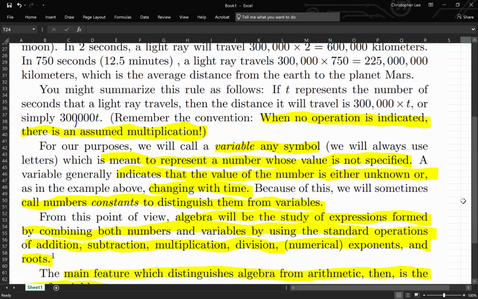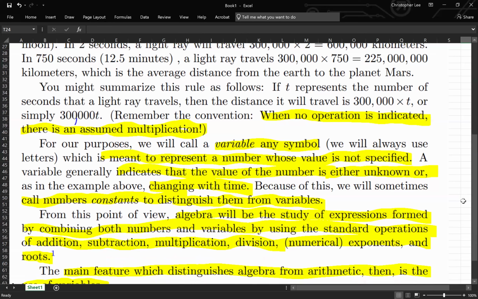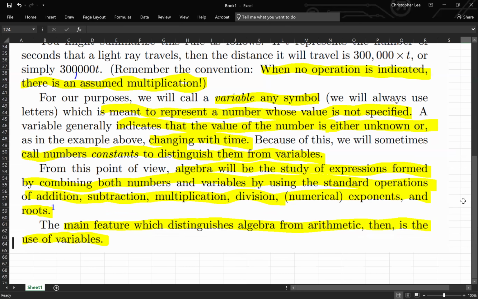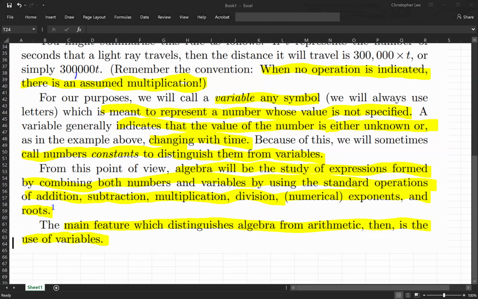From this point of view, algebra will be the study of expressions formed by combining both numbers and variables by using the standard operations of addition, subtraction, multiplication, division, right? Numerical exponents and roots. The main feature which distinguishes algebra from arithmetic then is the use of variables. All right. So that's what we're getting into now. We're getting into algebra.